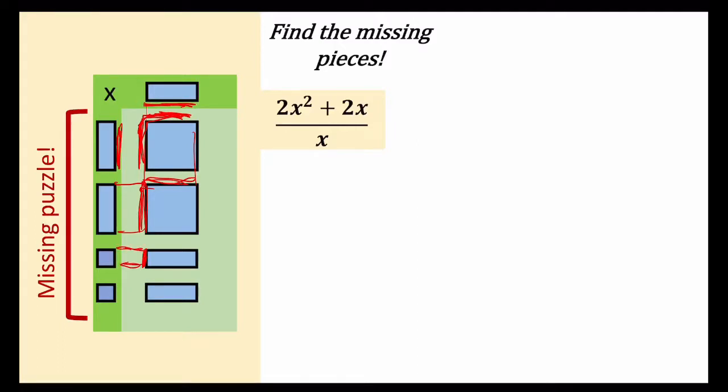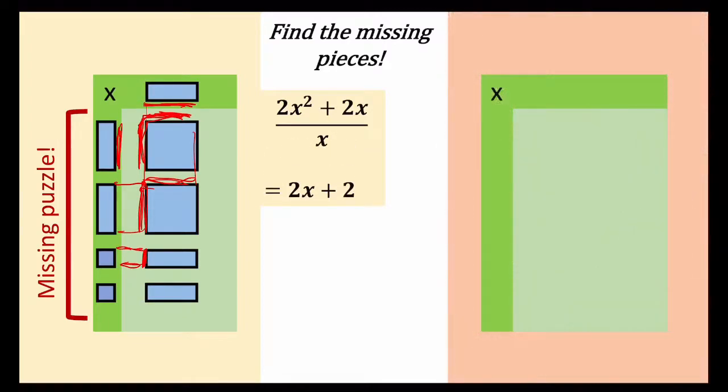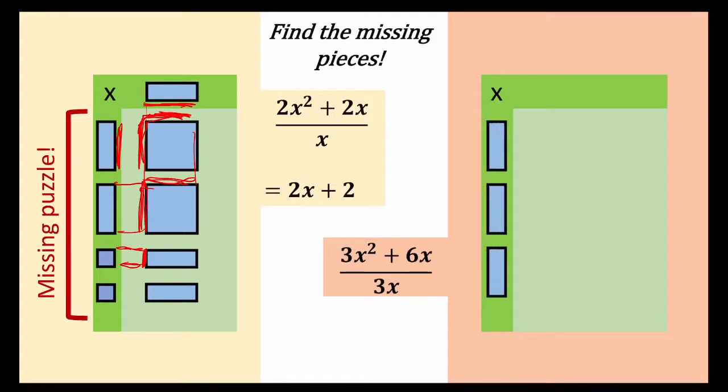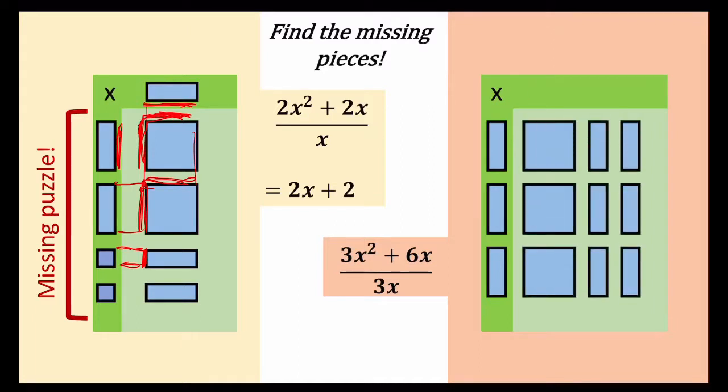Let's try it again. So 3x squared plus 6x being divided by 3x. There's my 3x, my denominator. I put it on the side. Remember, it doesn't matter which side you put it on. And there's my 3x squared plus 6x. Now notice I stacked everything so they're in an equal array.